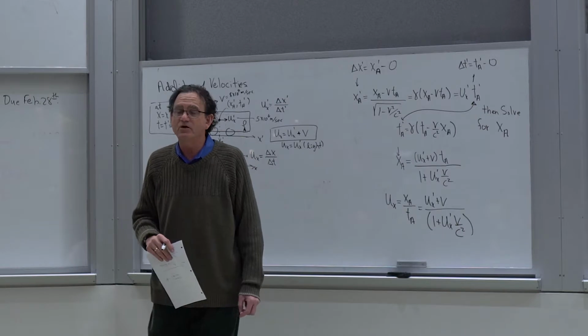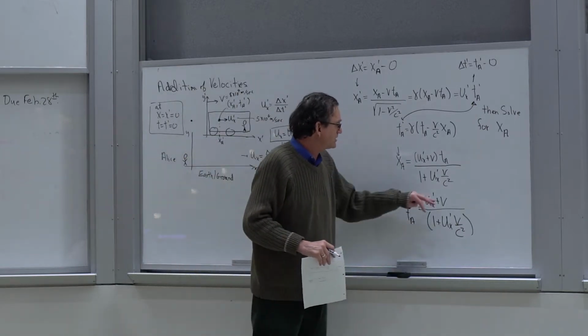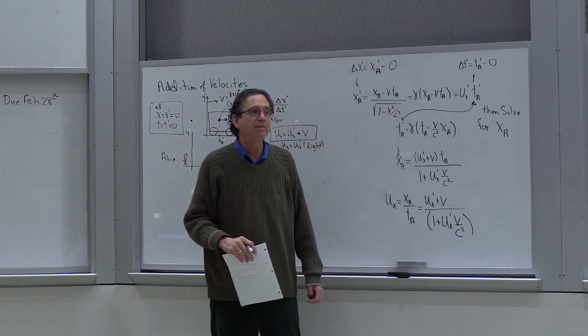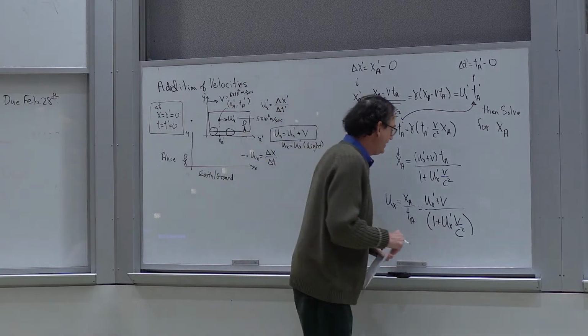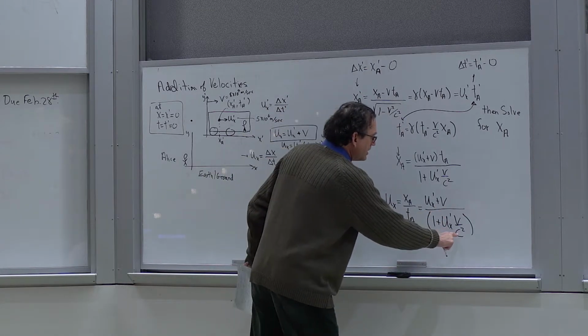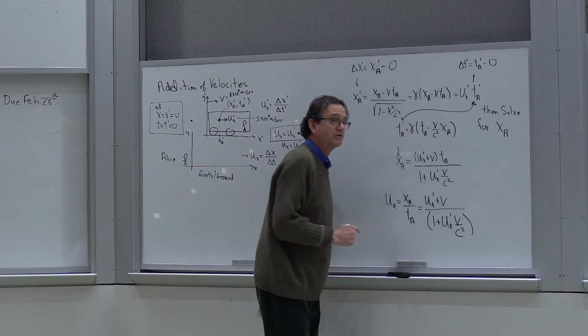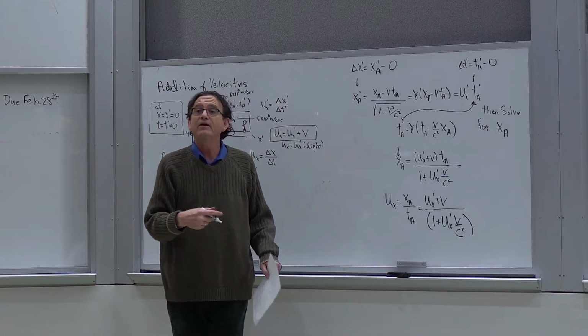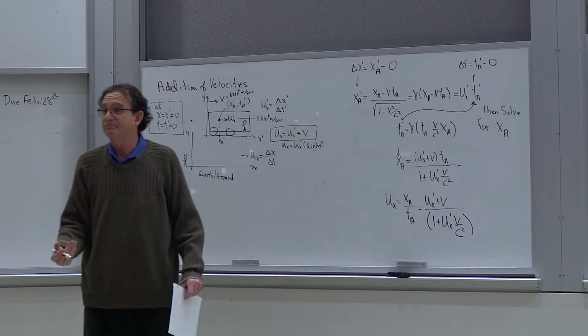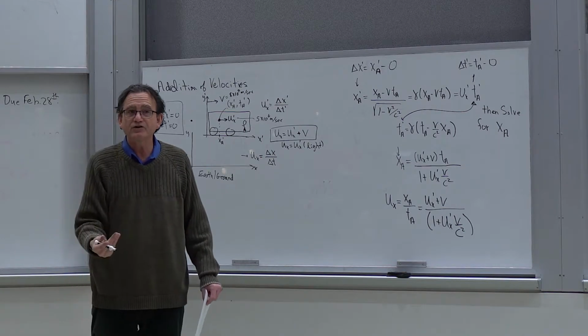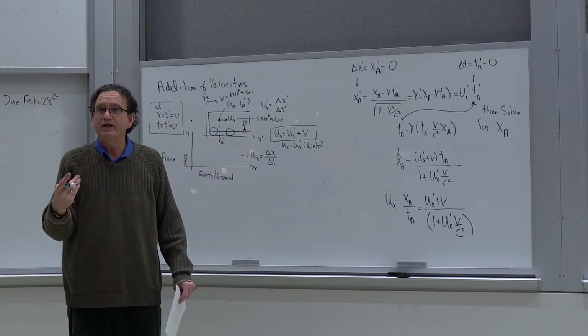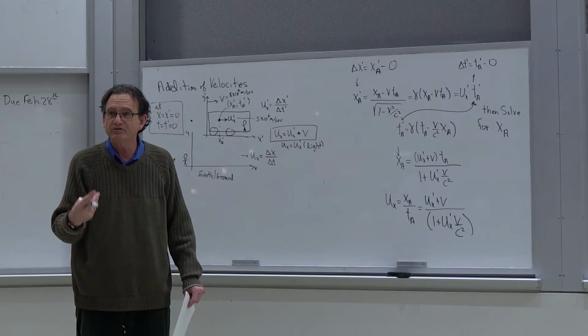It's not going to affect the velocity at all. We can throw it away. Then it's just ux prime plus v divided by 1. It's only when either v or ux prime become comparable to c that the correction kicks in, and it's just enough correction to make sure that no particle can go faster than the speed of light.